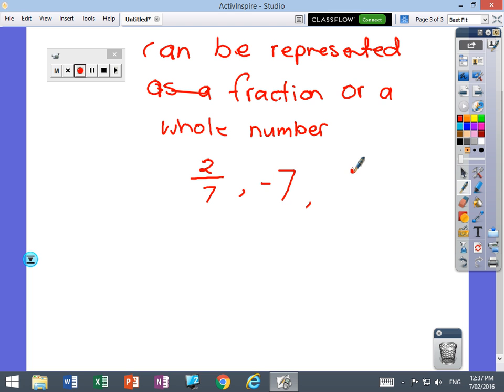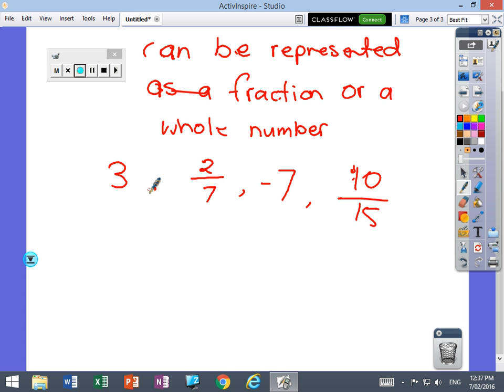If I put 10 over 15, that can then simplify down to another fraction, but it is still considered a rational number. And of course, if we just had a whole number as an integer, so just as a reminder, an integer is a whole number, a counting number. These are all considered rational numbers.